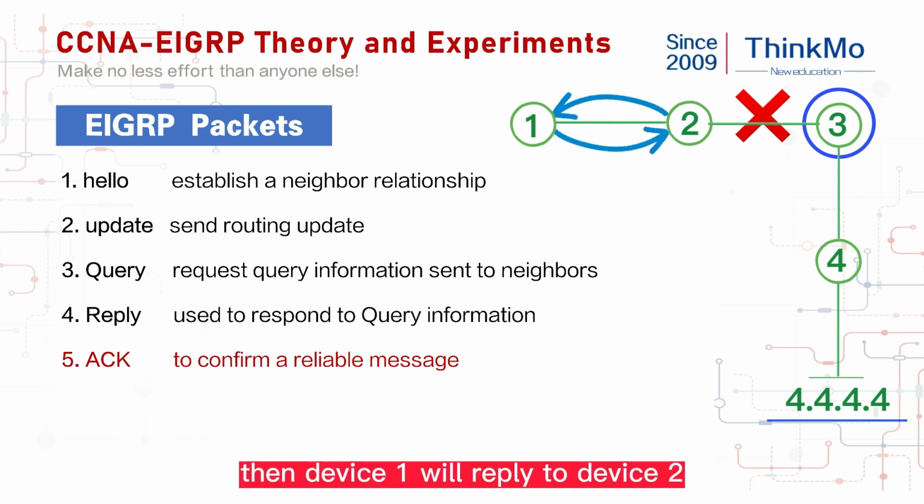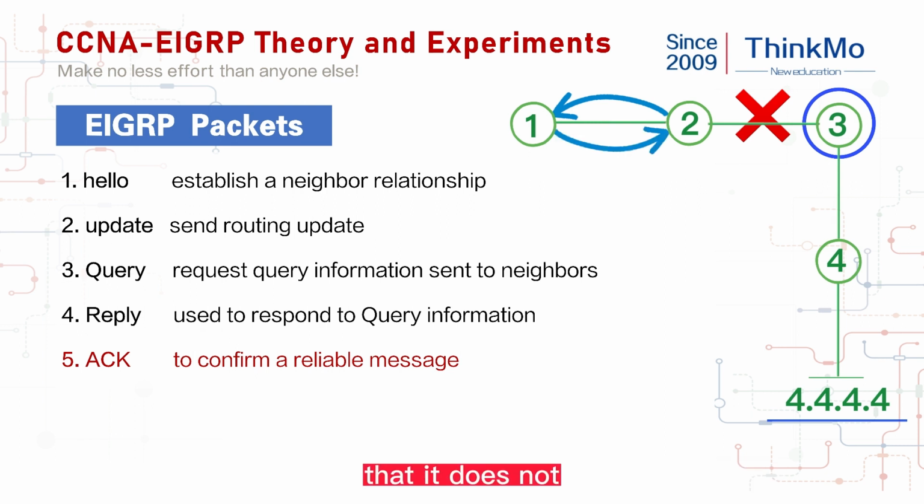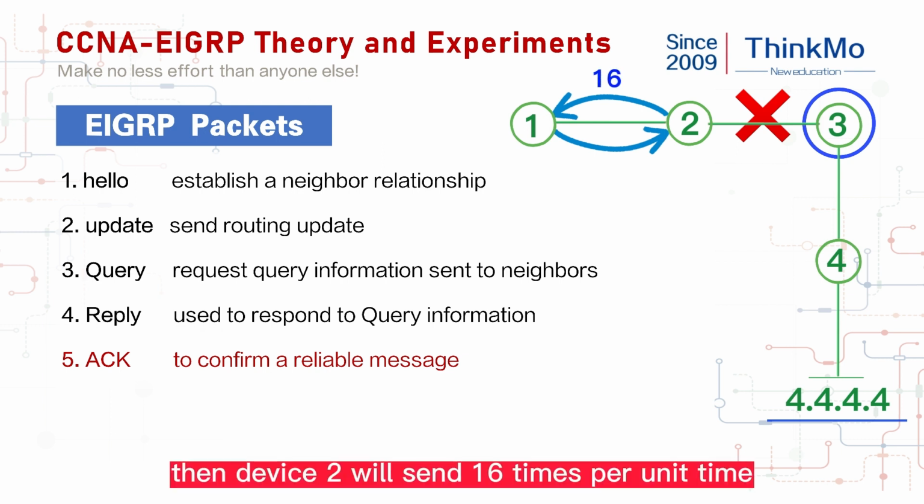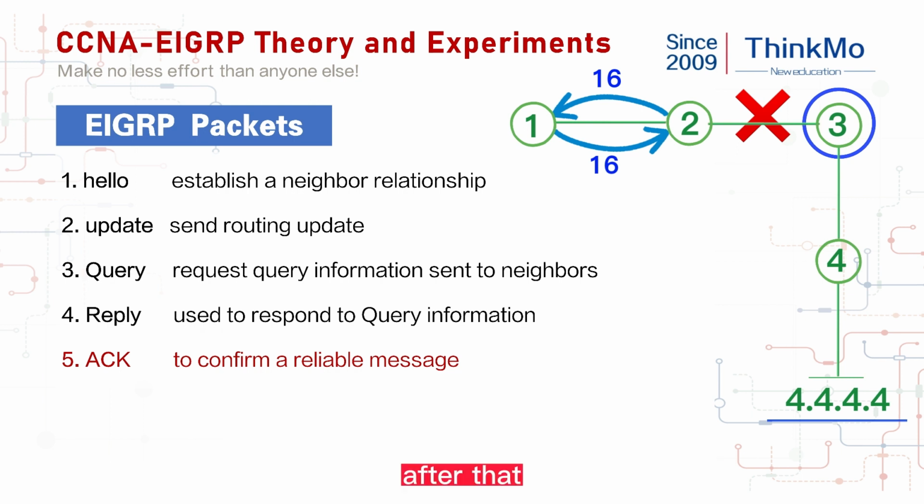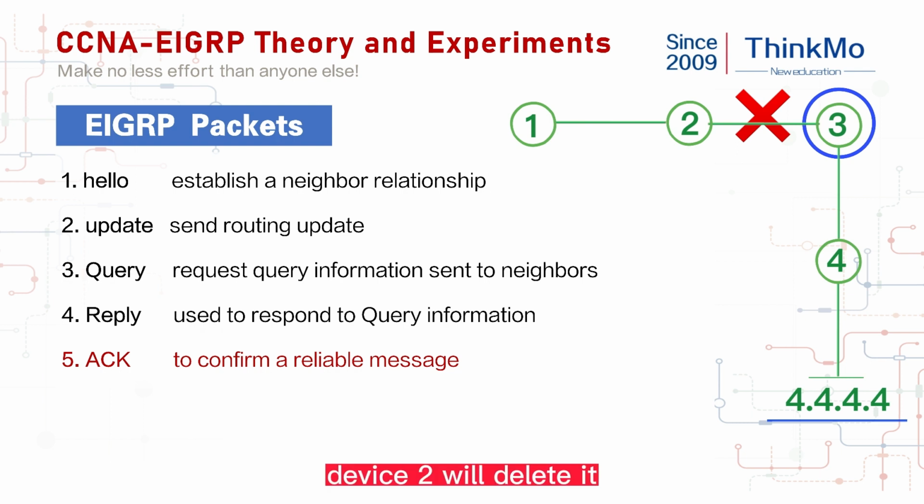Then device 1 will reply to device 2 that it does not. If it wants to go to 4.4.4.4, it has to rely on device 2. Then device 2 will send the query 16 times per unit time, and device 1 needs to reply to it 16 times with no. After that, device 2 will delete it.